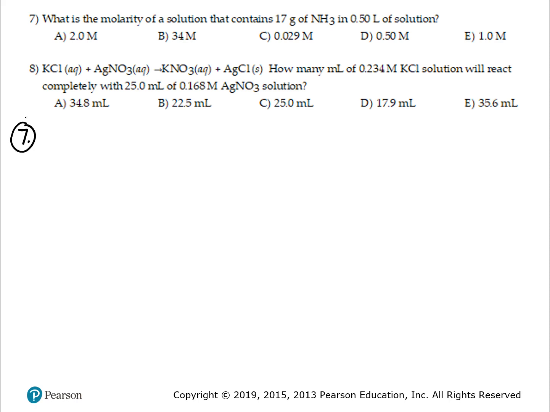The key here is we have 17 grams. Molarity is moles per liter. So we need to get to moles of ammonia. We need the molar mass to do that.